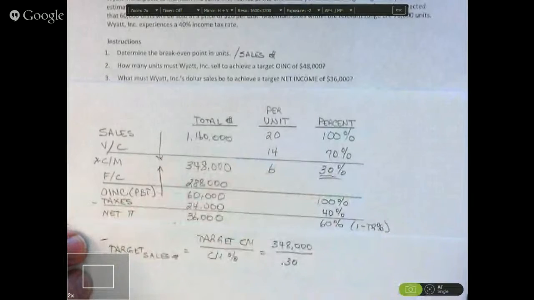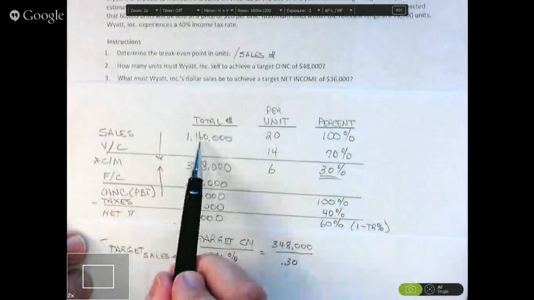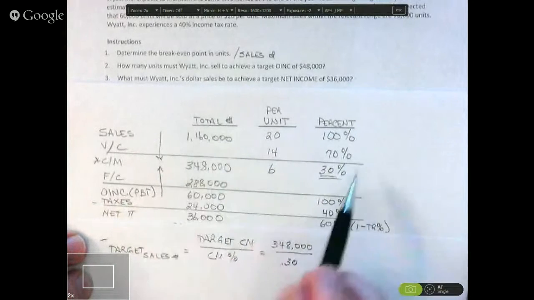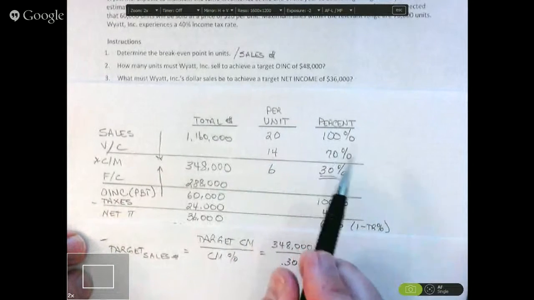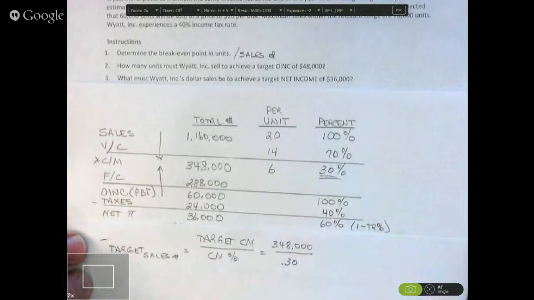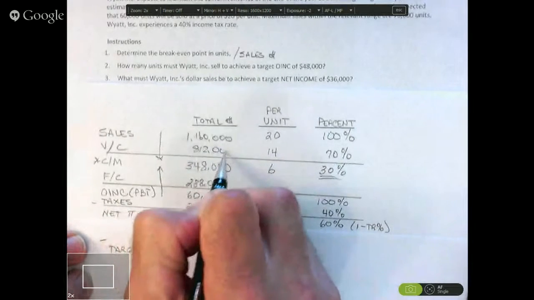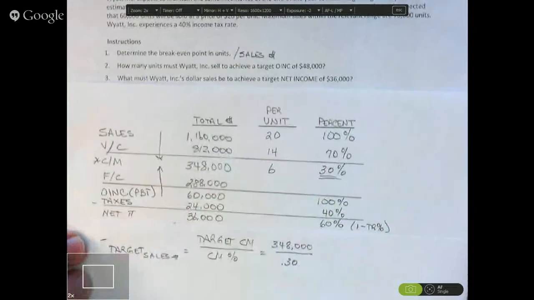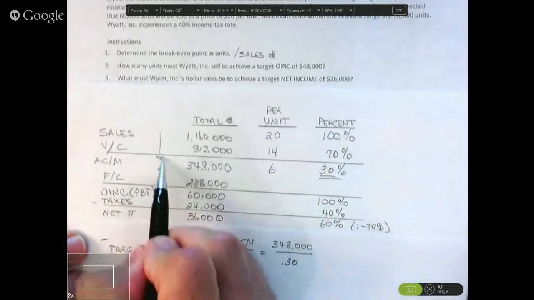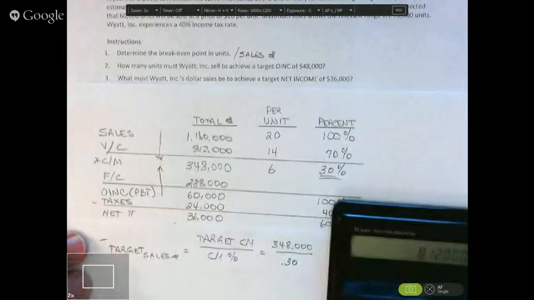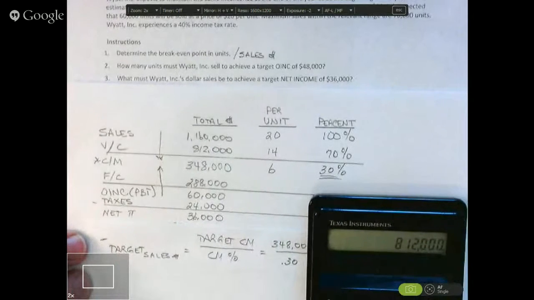Okay, let's check to see if this is appropriate. $1.16 million in sales times the cost percent of 70% yields $812,000 as the variable cost. Let's check to make sure the income statement works downhill also. $1,160,000 less $812,000 of variable costs.